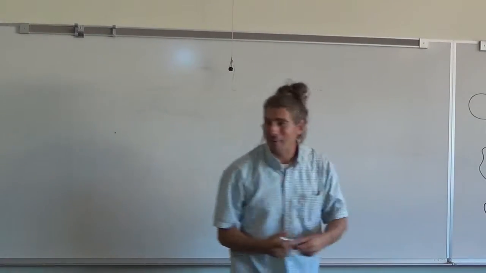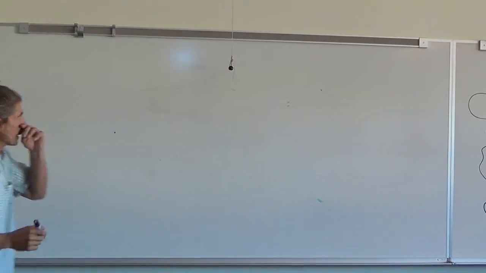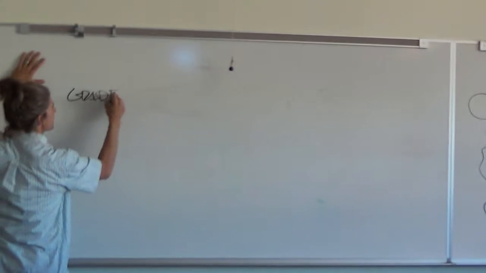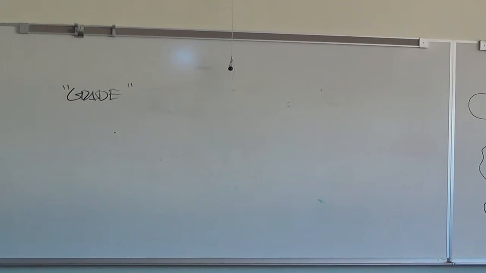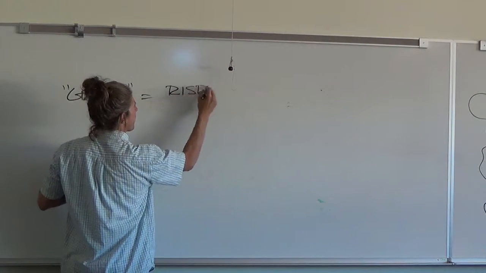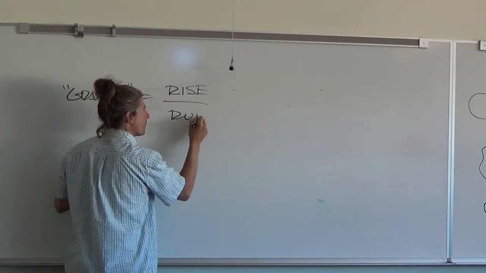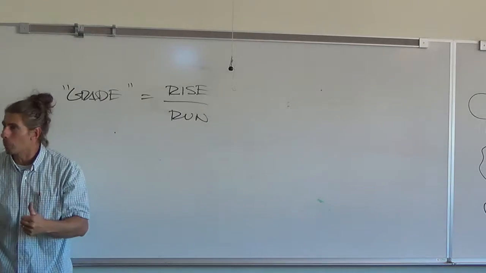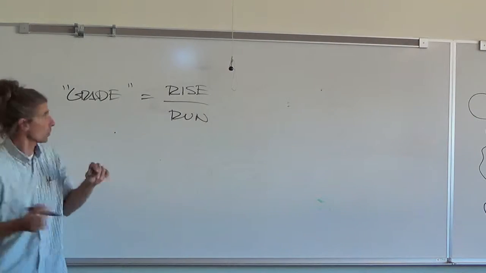It involves a lot more than that, but the rabbit, squirrel, and the stream is a cute way of introducing it. So the grade, this idea of grade that we have come up with today, this rise over the run, is exactly the same thing as what you've already said as slope. We know it's slope.